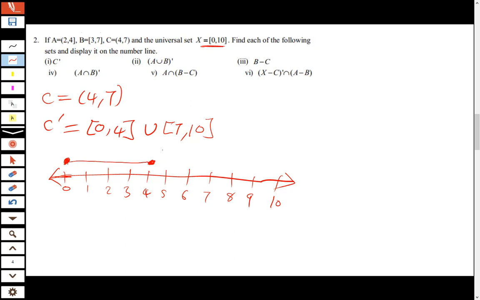It's shaded at 0 and shaded at 4. Then it's also closed at 7, and it's also closed at 10. So this is how you represent C complement on the number line.